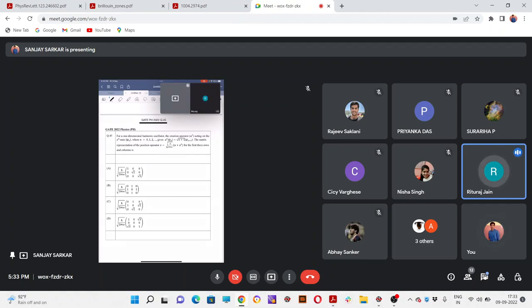So cross diagonal terms should be same. So the options B and C remain, yeah, in that logic. But what option is correct? Option B or C? For that you need to calculate it.